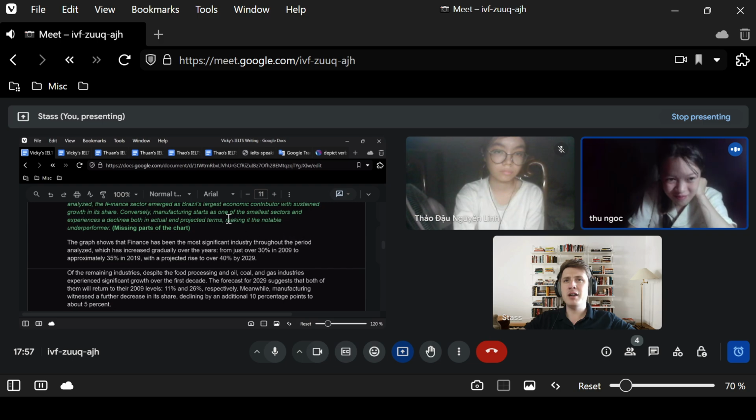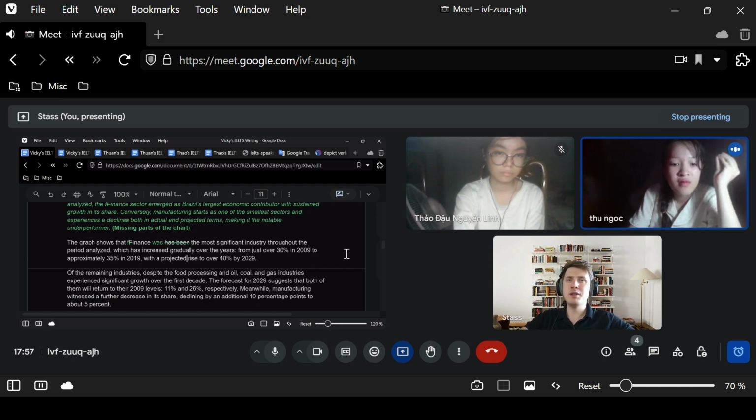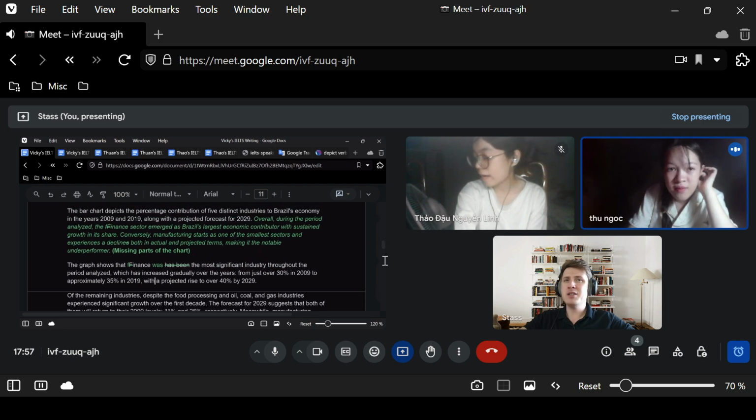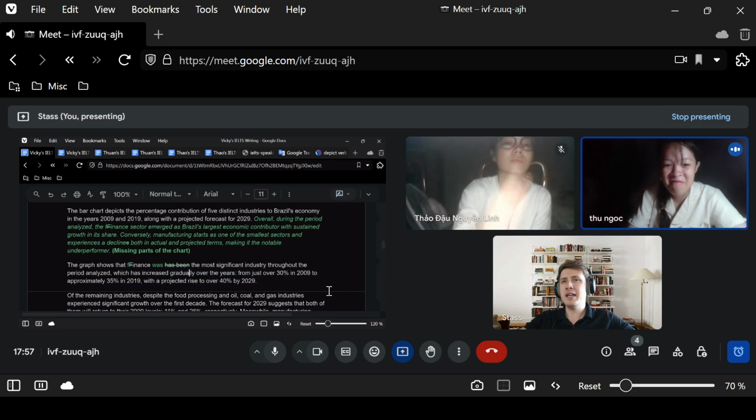The graph shows that finance has been the most significant industry throughout the period analyzed. I would say, in this case, it was the most significant industry. This is what you can say in the overview, right? The most significant industry. That's the general overview. Here needs to be more data.